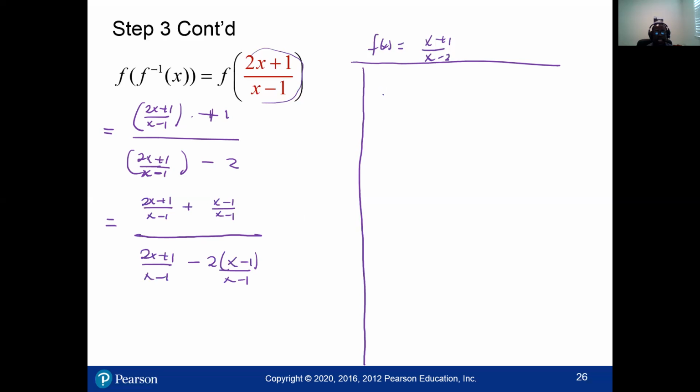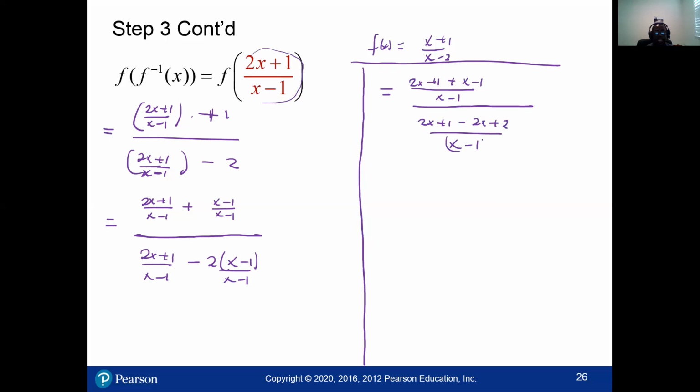Okay, all right. Then that is equal to what? Okay, we're going to have the division sign here. So that will be 2x plus 1, then plus x minus 1, all divided by x minus 1. And then here too, we have 2x plus 1, then minus 2x, then plus 2, all divided by x minus 1.